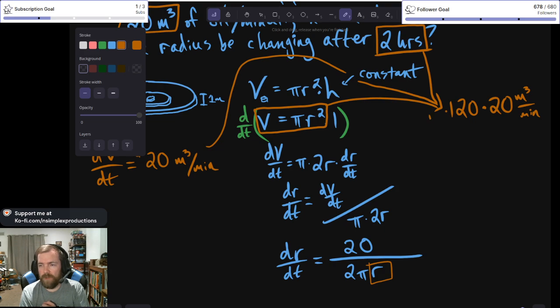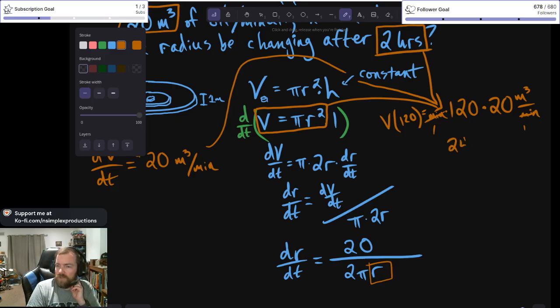Again, this is 120 minutes. So our minutes divide out, and V at 120 is going to be equal to that. So this is going to be 2400 cubic meters. It's going to be V at 120.